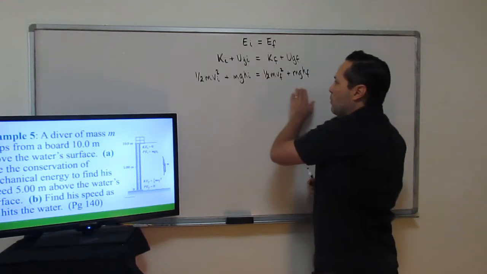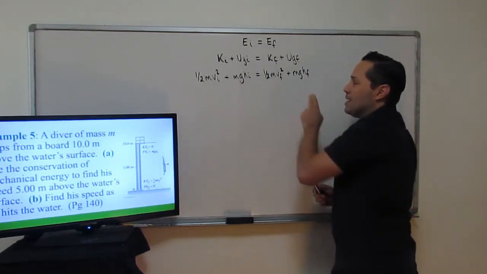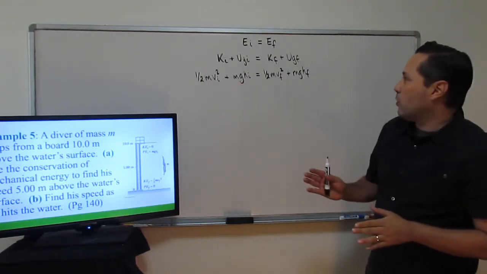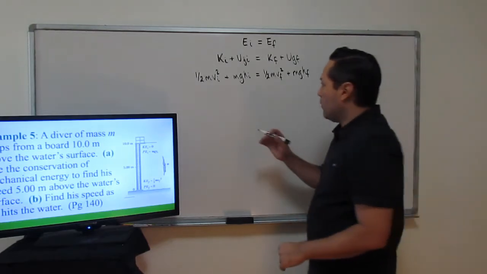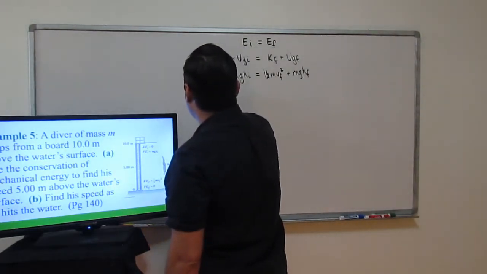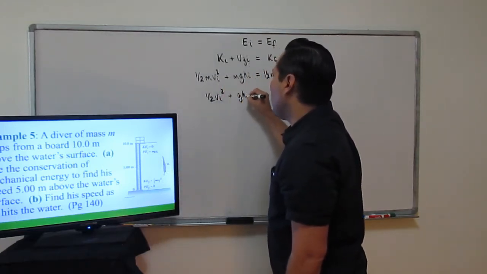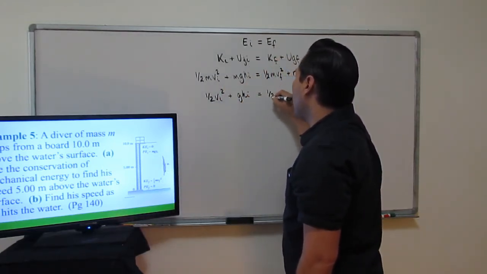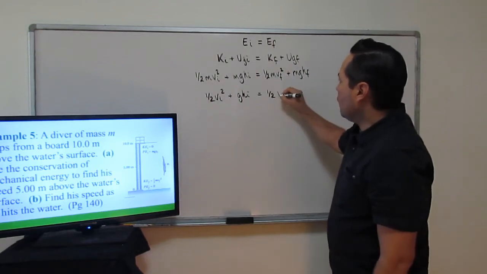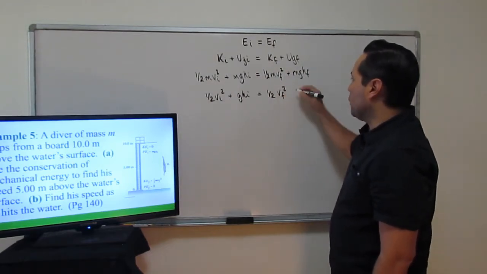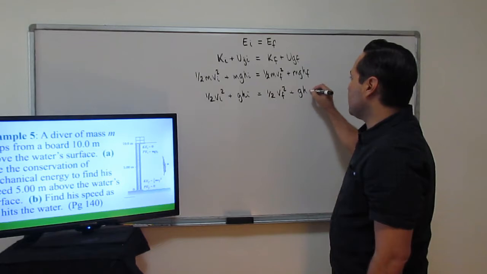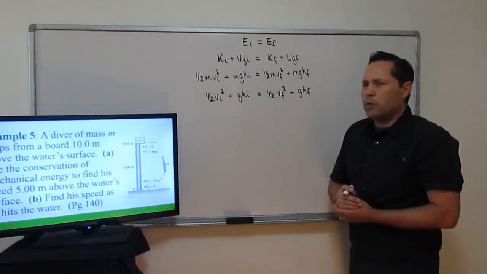Alright, first let's simplify this. Notice that the mass is the same throughout, so we can factor it out and divide it. So it's gone, divide everything by m, so we end up with 1/2 velocity initial squared plus gravity times height initial, equal to 1/2 velocity final squared, which is what we're really looking for, plus gravity times height final. Alright, what else can we get rid of?